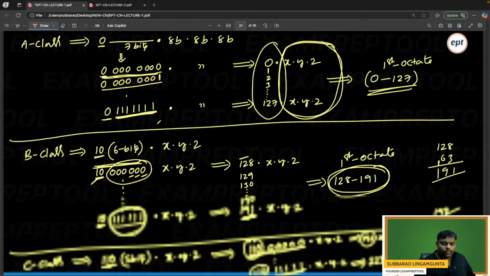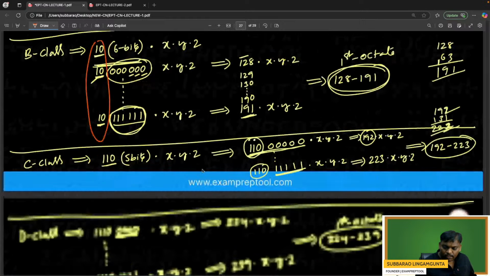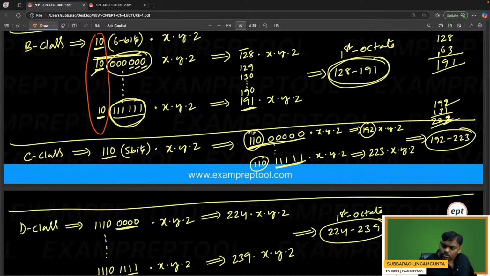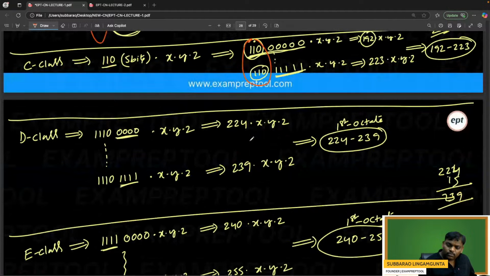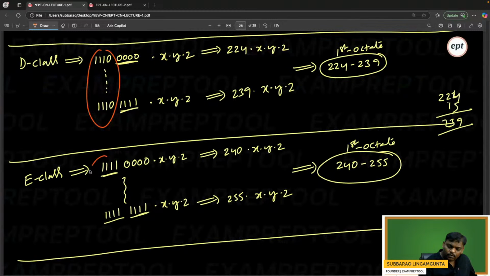If the first bit is 0, class A. If the first 2 bits are 1 0, class B. If the first 3 bits are 1 1 0, class C. If the first 4 bits are 1 1 1 0, class D. If the first 4 bits are 4 ones, class E.